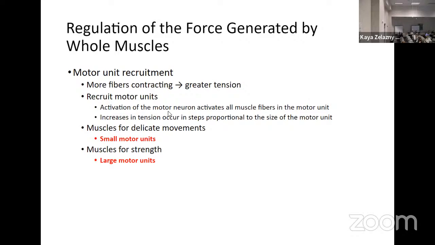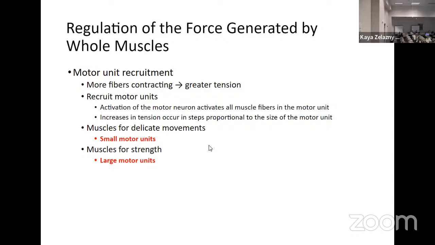When we activate a motor neuron, it activates all the muscle fibers that are attached to it. That's what comprises a single motor unit. If it's a smaller motor unit, so fewer muscle fibers, less tension; bigger motor unit, more muscle fibers, more tension. So for delicate movements, you want to just activate the small motor units.